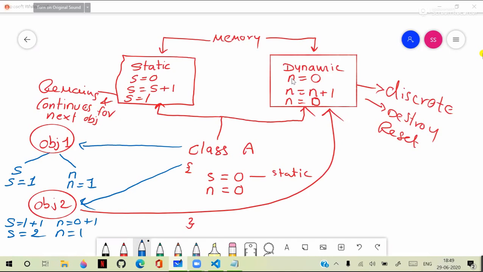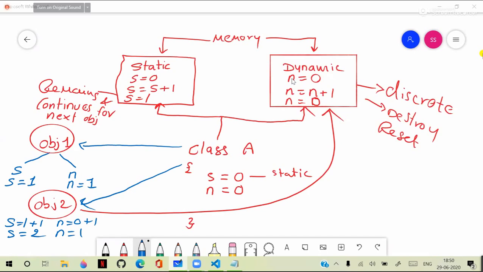The memory allocated for one object will continue for others, while dynamic memory is allocated again and again. Every time, new memory is allocated for every object.